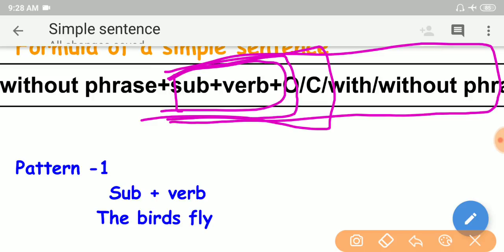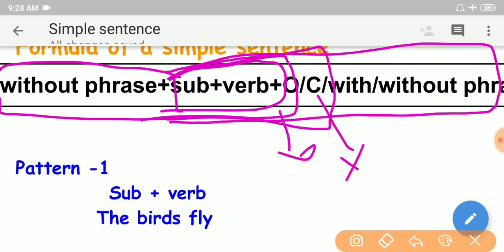If you want to make a much bigger simple sentence, then you can use another phrase before the subject. Again, in a simple sentence, you can use more than one object, more than one complement, more than one phrase, and before the subject more than one phrase, my dear friends.